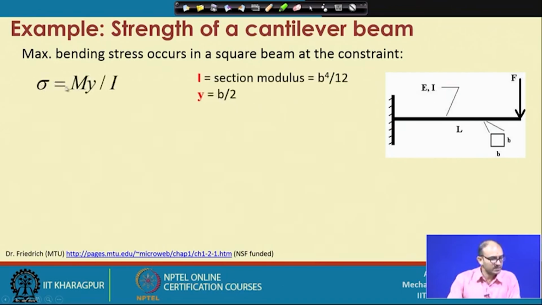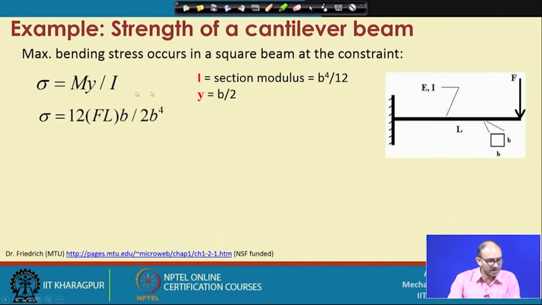Now, sigma equals M y divided by I. Sigma is the maximum bending stress, M is the moment, and y is B by 2, the distance from the outer surface to the neutral axis, and I is the section modulus.